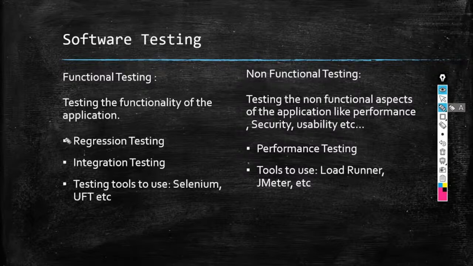At the same point of time, you have something called non-functional testing, which is all about testing non-functional aspects like performance, security, etc. So performance testing comes under non-functional testing. What do you mean exactly by performance testing?